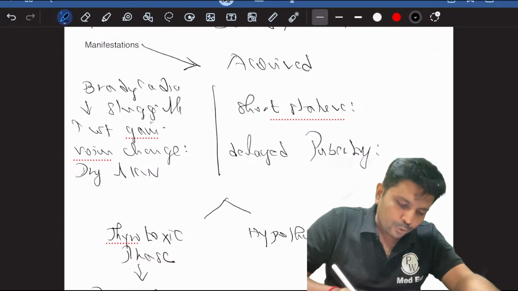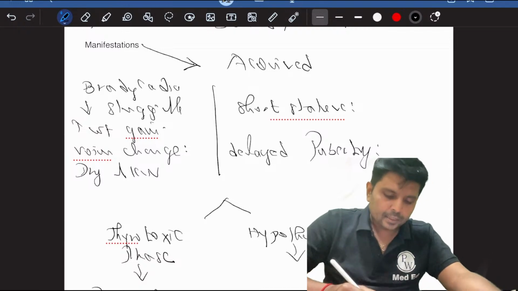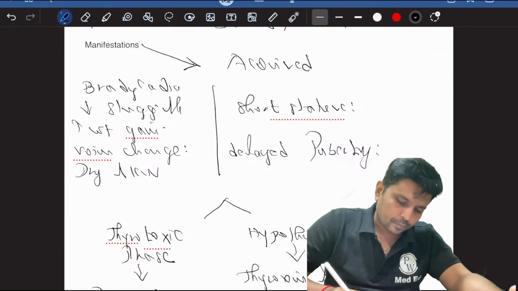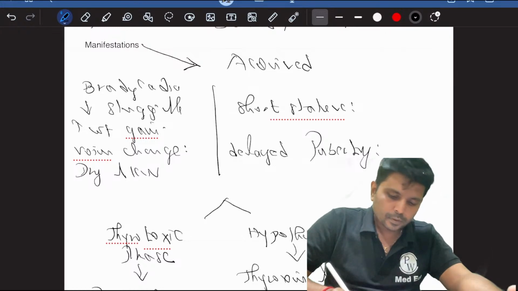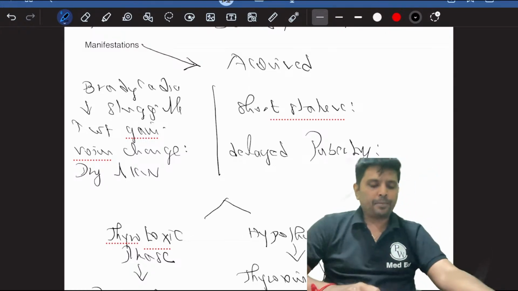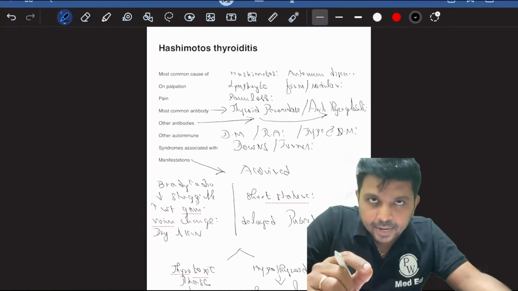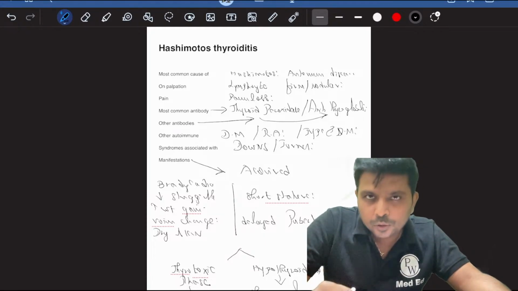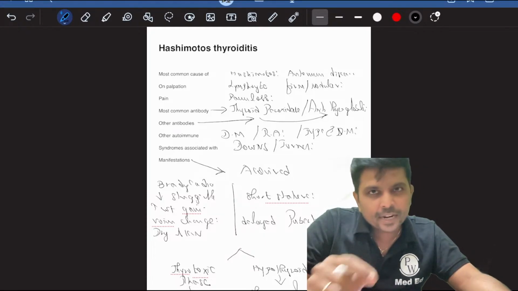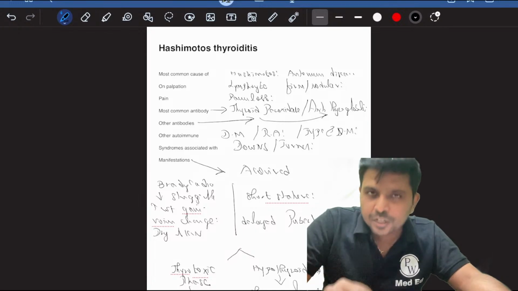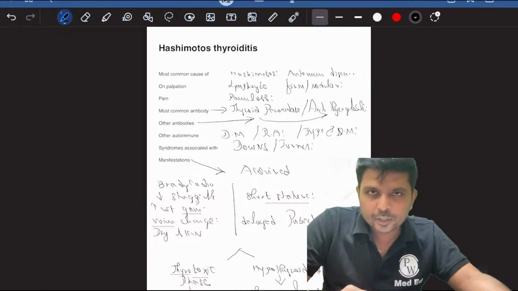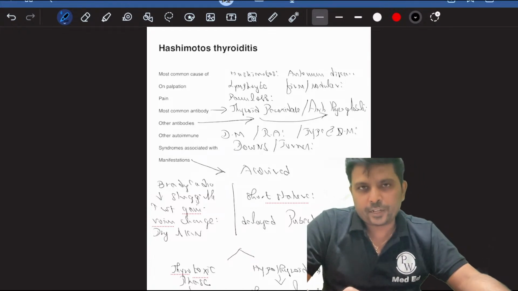At that time, you may need thyroxine supplements. So any adolescent girl with painless nodular goiter should be investigated for Hashimoto's thyroiditis with antibodies to thyroglobulin and antibodies to thyroid peroxidase.